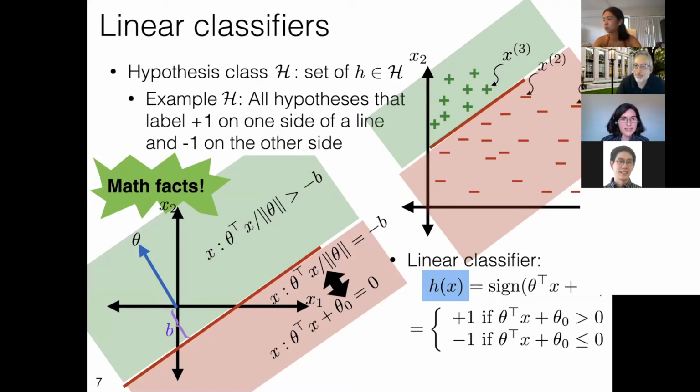And so we're going to introduce this new notation, which indicates which H I'm talking about. If you look at this H, you can tell that this H is defined by the values of theta and theta naught. Once I know those values, I know what H I'm talking about. And so we're going to add those values into our notation of H.